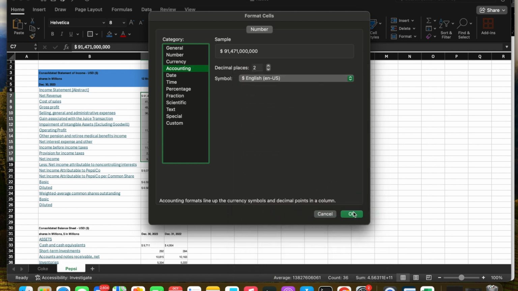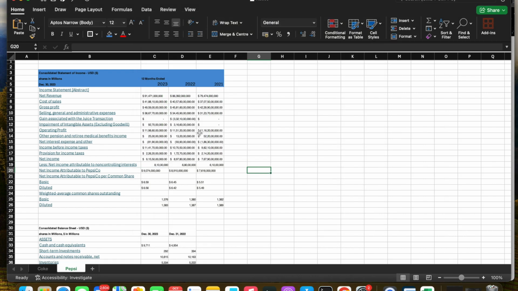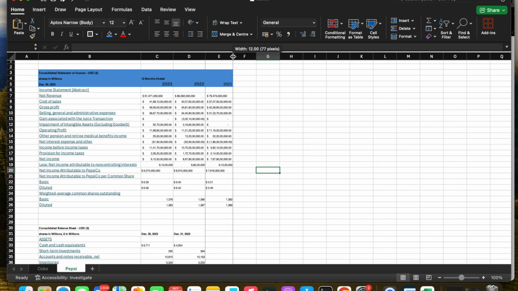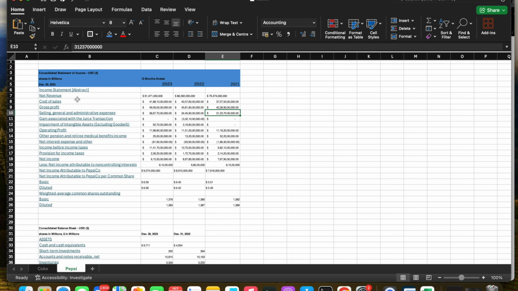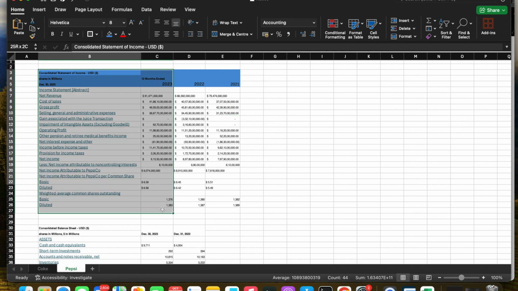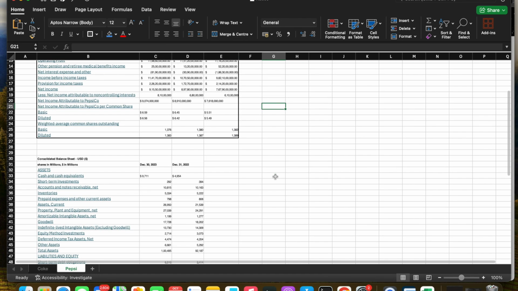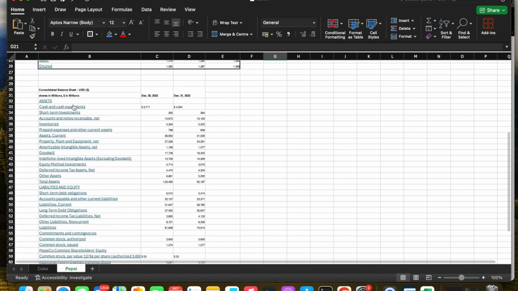I'm going to adjust the cell size to make it look nicer, and finally I'm going to make a box to separate the data from the other data.